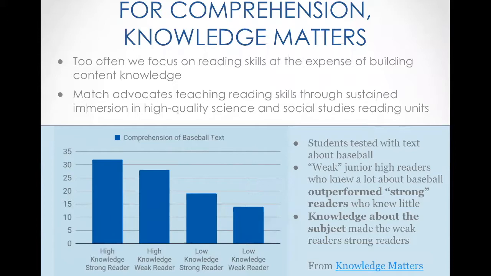If you look at this graph, this is something that illustrates this point. There was a text given to a group of middle schoolers that required background knowledge about baseball. And the strong reader who understood baseball scored the highest on the assessment.